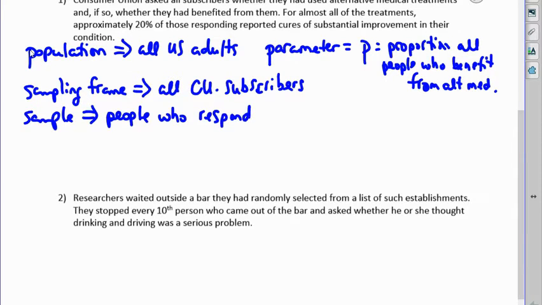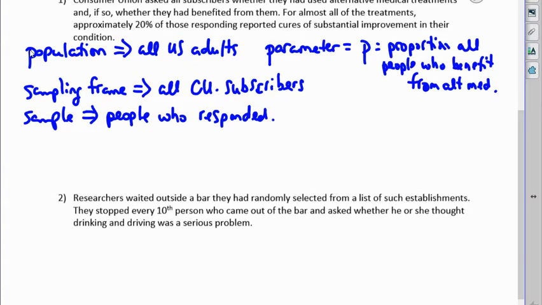So this is when you have the option of responding or not responding, that we have to decide: is that voluntary response bias or is that non-response bias? And Consumer Union did ask these people, so that means that the people who did not respond to being asked are going to have non-response bias.